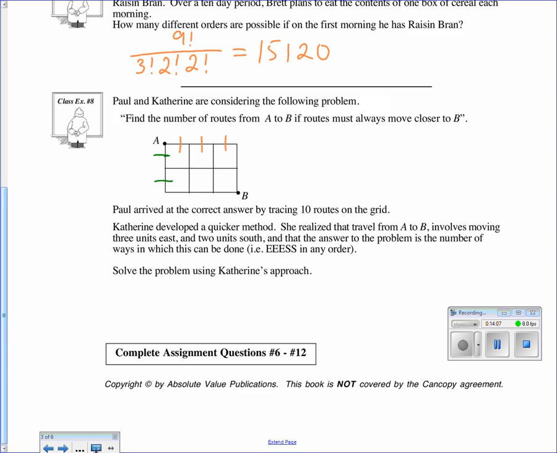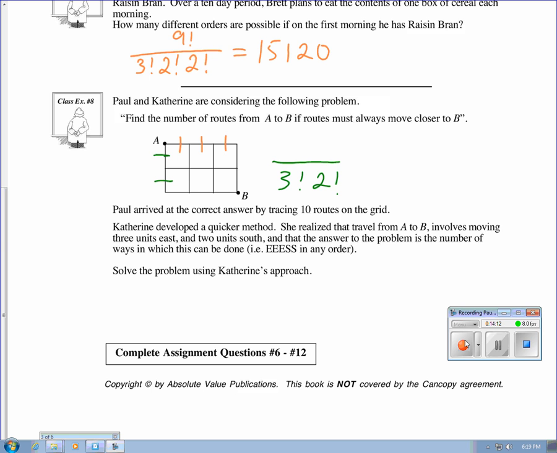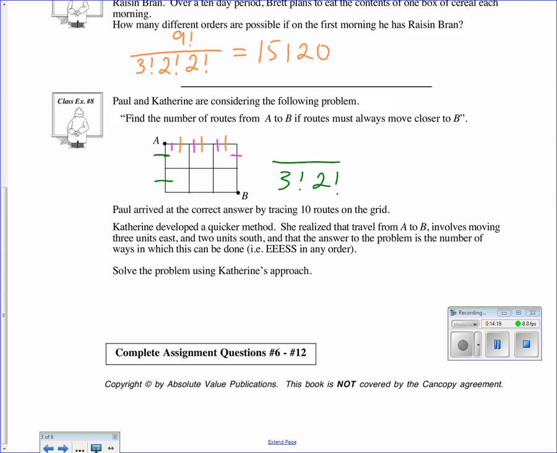That's going to form a part of my repetition. 3 factorial, 2 factorial. How many blocks will it take me to get from A to B? From A to B, it'll take me 1, 2, 3, 4, 5 blocks. So this map system gets analyzed from the outside. 5 different ways of getting there, 5 different choices, but 2 of the choices have repetition. So 5 factorial divided by 3 factorial times 2 factorial is 10.